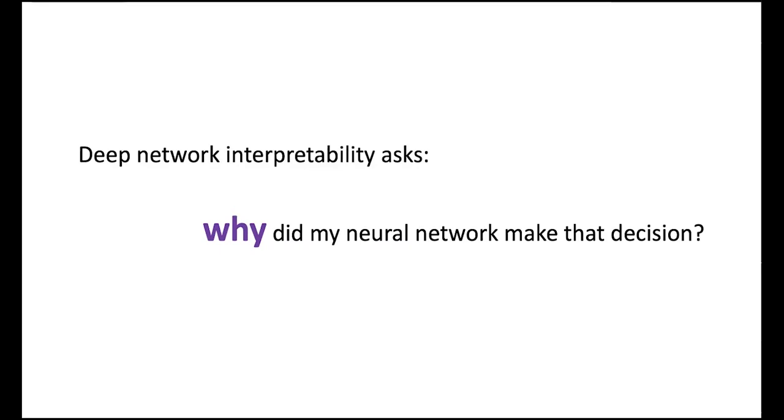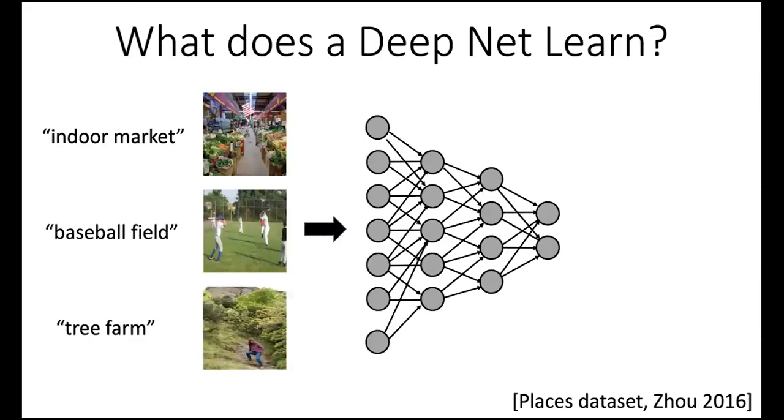Let me back up and say, typically we already have a lot of tools that we use to do this, even in elementary neural network classes. If you train a classifier, there's already a basic thing that we teach everybody, which is the way to evaluate the accuracy of your classifier. The example here is an image classifier. It's going to classify images into one of 300 or so classes according to what kind of place they are.